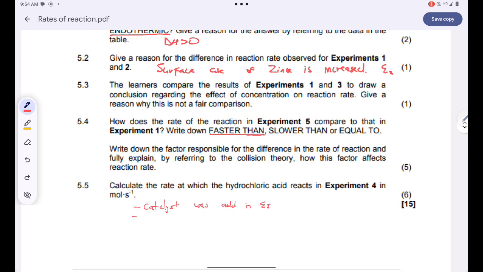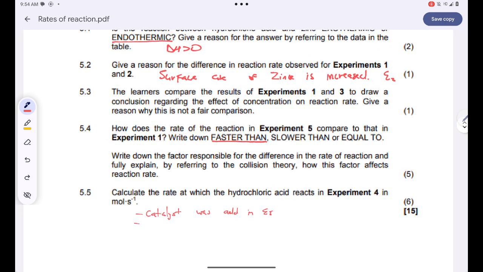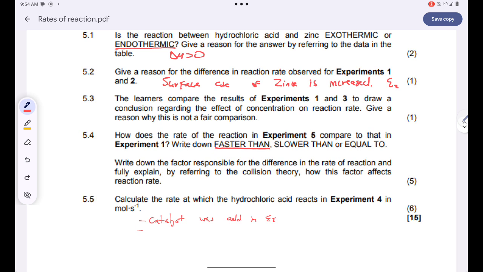Whenever you lower the activation energy, it simply means that more particles will have a kinetic energy which is greater than the activation energy. Then more particles will be correctly orientated and hence will end up having effective collisions, and that's why the rate of reaction will increase.